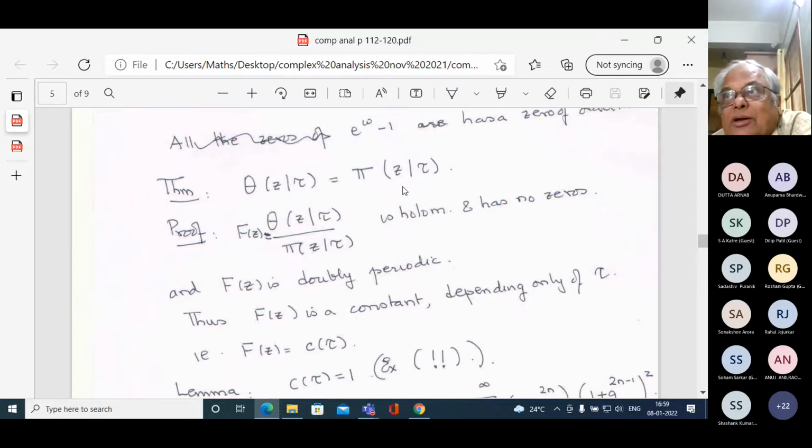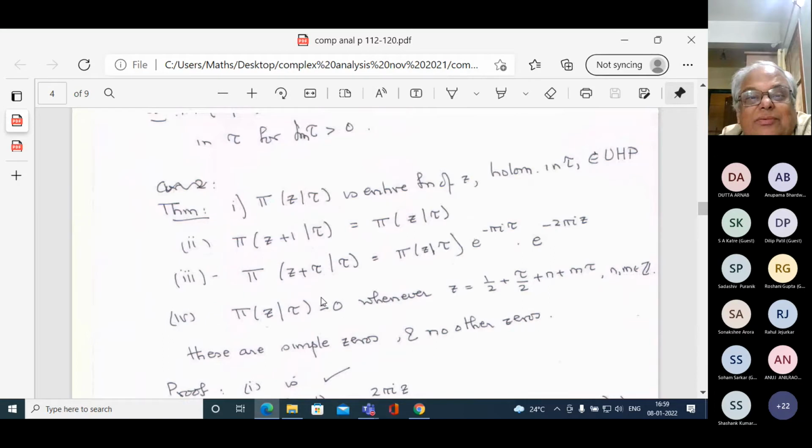Okay. And the fact that those numerator and denominator are periodic with period 1, and each of them is quasi-periodic with quasi-period tau, but that extra factor that you get is exactly the same. Let me show you that again. So what do I have?